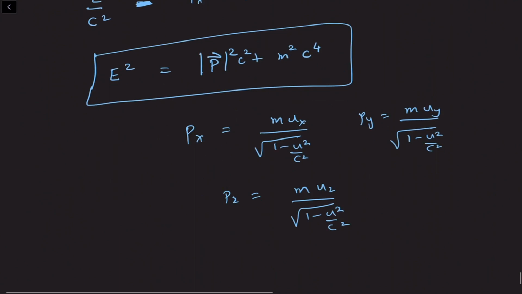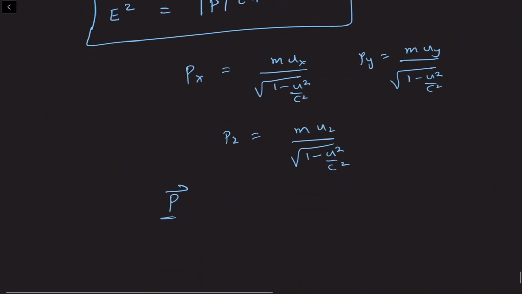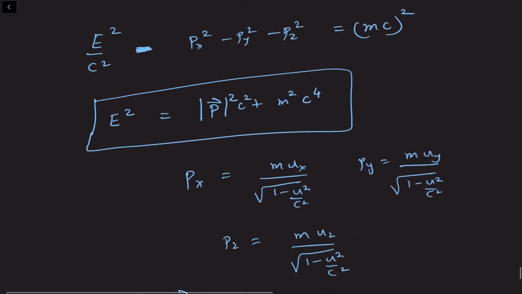So these are the components of what we call vector p, and the mod of vector p squared is just p_x squared plus p_y squared plus p_z squared.